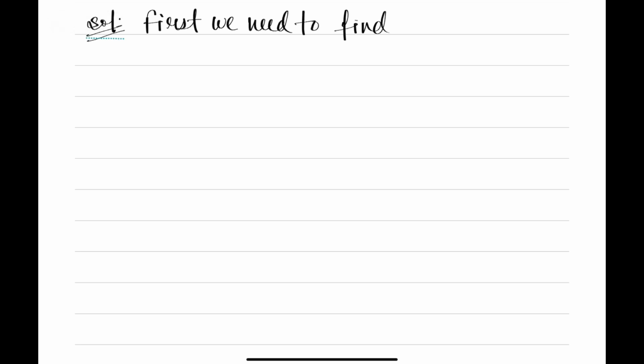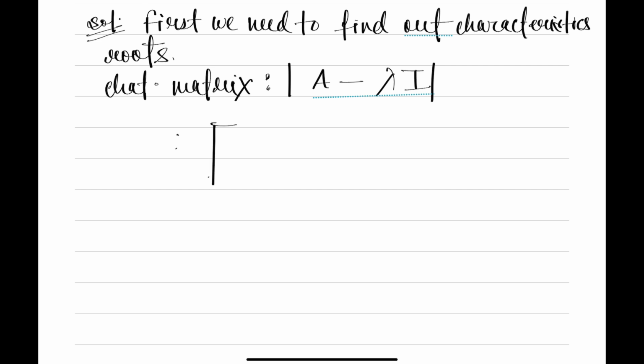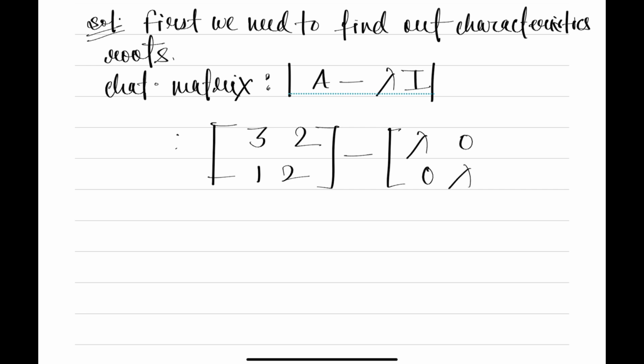find out the characteristic roots, where the characteristic matrix A minus lambda I we can write as [3 2; 1 2] minus lambda I, which will be [lambda 0; 0 lambda].